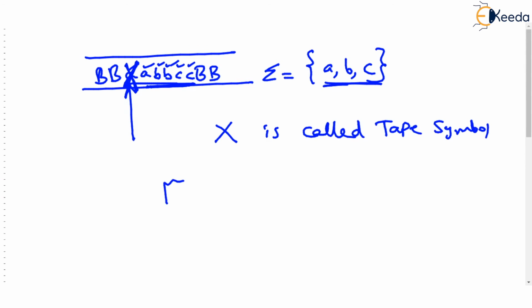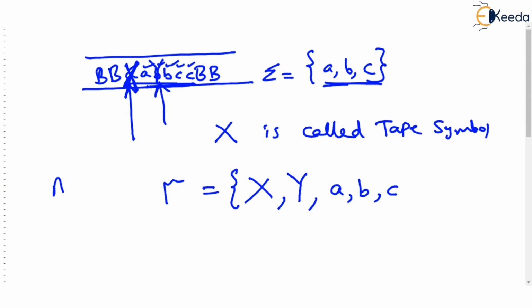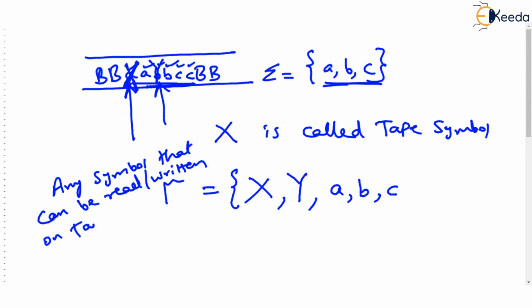That means in this set of tape symbols, X will be a member. Or maybe you decide whenever you read B, you will overwrite it with Y. So Y is a tape symbol. But wait, don't keep yourselves limited to this. You should agree that A and B are also tape symbols and C is also a tape symbol. Any symbol that can be read or written on the tape is called a tape symbol.